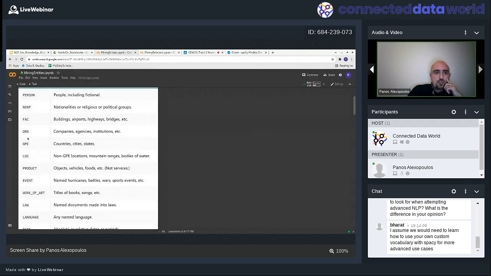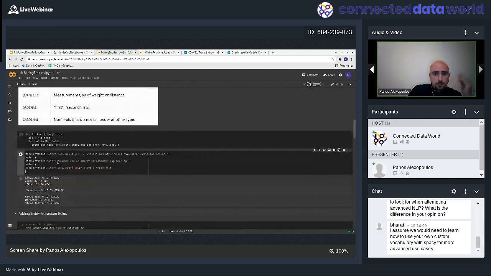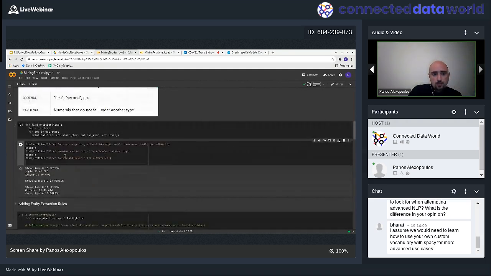We can find organizations, but we don't have support for subtypes of organizations, like financial organizations or non-profit organizations. So in practice, in a given project, we don't have only these types in our knowledge graph schema, we have more.